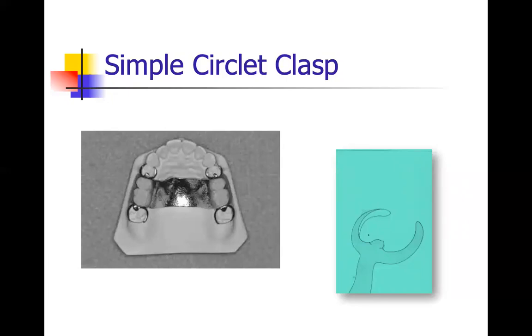The correct form of this clasp has only one retentive clasp arm opposed by a non-retentive reciprocal arm on the opposite side with an occlusal rest.